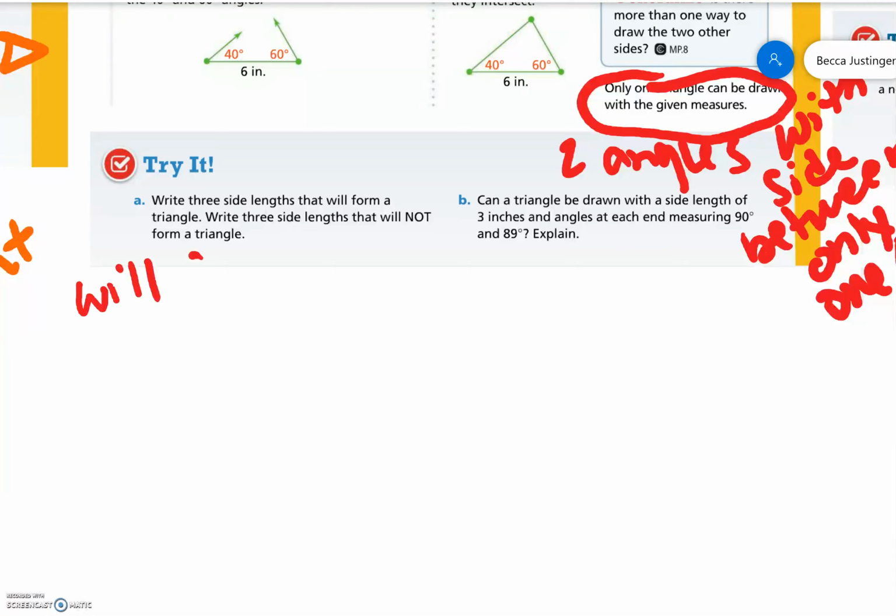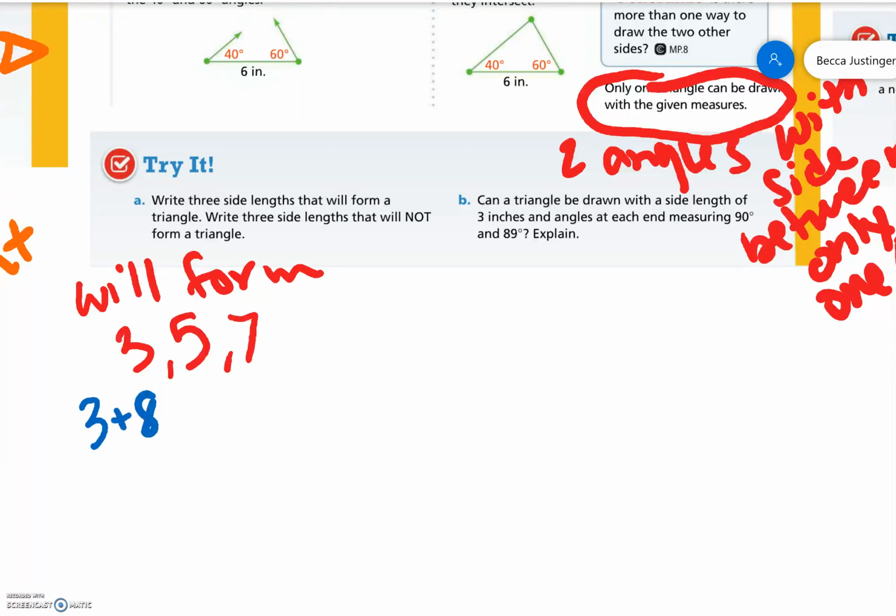Will form could be something like 3, 5, 7, because the two smallest sides, 3 plus 5, is equal to 8, which is greater than 7, so that works.